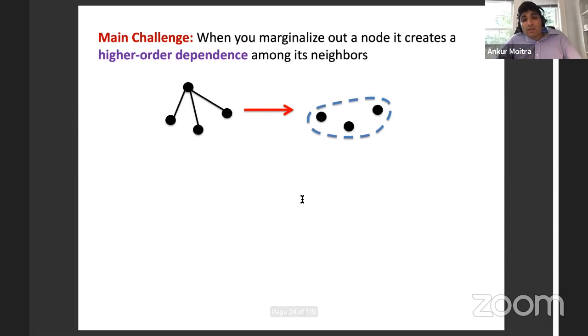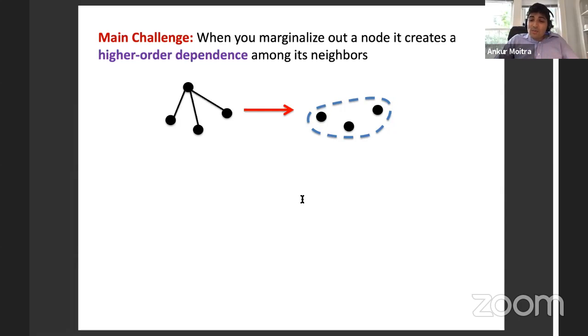So let's see a simple pictorial example. Even if I'm back in a very simple setting like a tree, I have the star graph, and I know that this node in the middle has the property that when I condition on it, the leaves become conditionally independent. And that's a beautiful property to have algorithmically. It's very useful and it's very easy to exploit. But the trouble is that when I marginalize out that central node, I actually create a higher order dependence on the observed nodes.